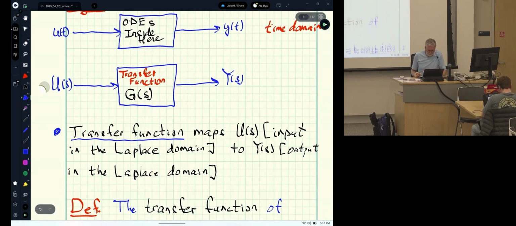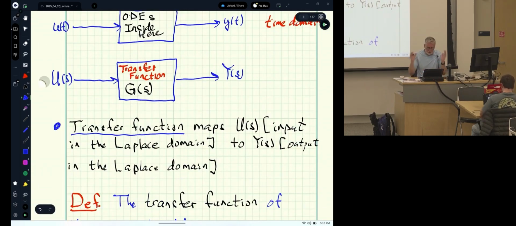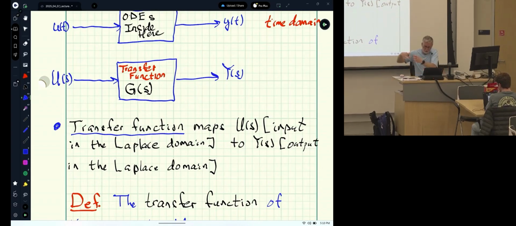It's okay. So the beauty is, though, we now know how the Laplace transform of the input is modified to become the Laplace transform of the output. We're just multiplying it by a rational function. And if we understand that function well, we'll know how inputs become outputs, and we understand the system. That's the whole point.